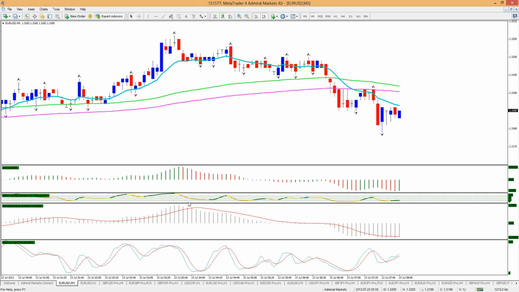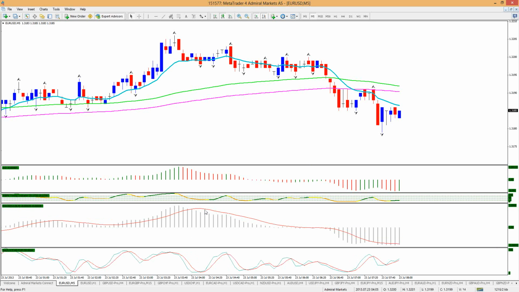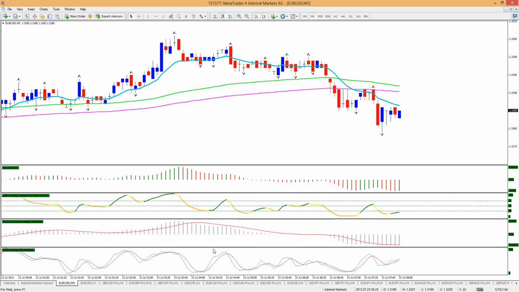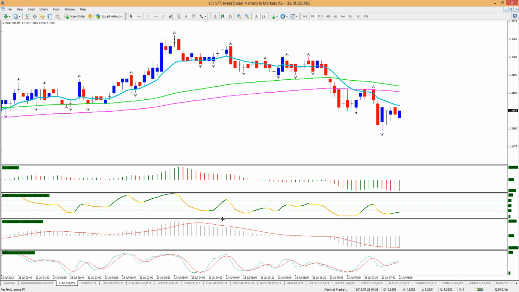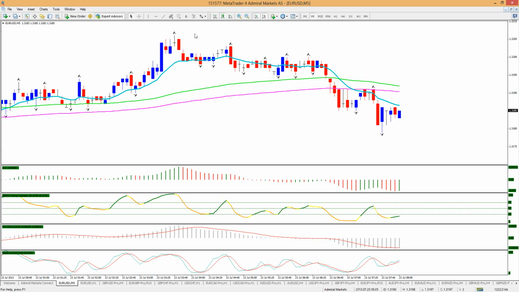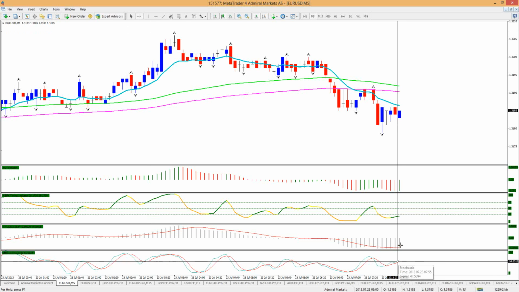All right. Taking a look at the smaller time frame here on the euro dollar to see if we would by any chance bump into maybe a shorter time frame support area. But looking at the 5-minute here, the stochastics is about halfway.